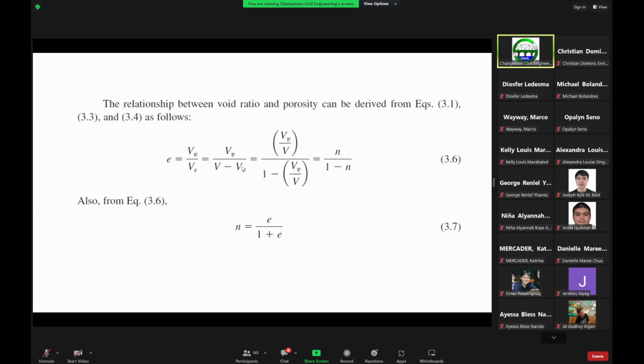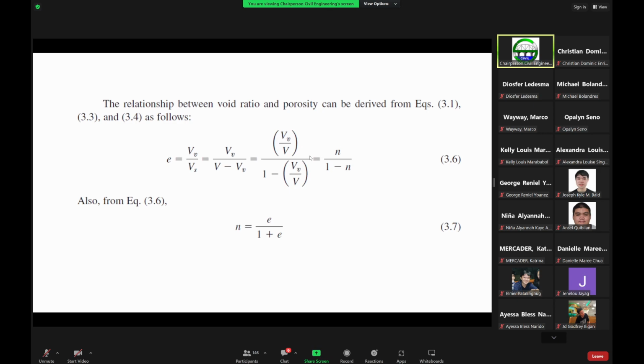Okay. So from here, if we divide everything by the total volume, this one will become 1. Then you have here the volume of voids over the total volume, and this one also. But we know that the volume of voids divided by the total volume is just equal to the porosity.